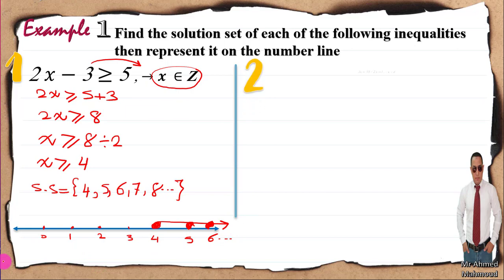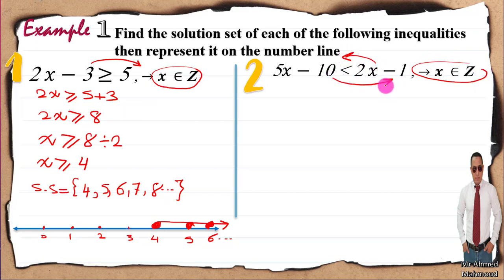Number 2, 5x minus 10 less than 2x minus 1, and x belongs to Z. First, I'm going to collect x on the left side and the numbers on the right side. So it will be 5x minus 2x, don't forget less than, negative 1 plus 10. 5x minus 2x is 3x less than 9.